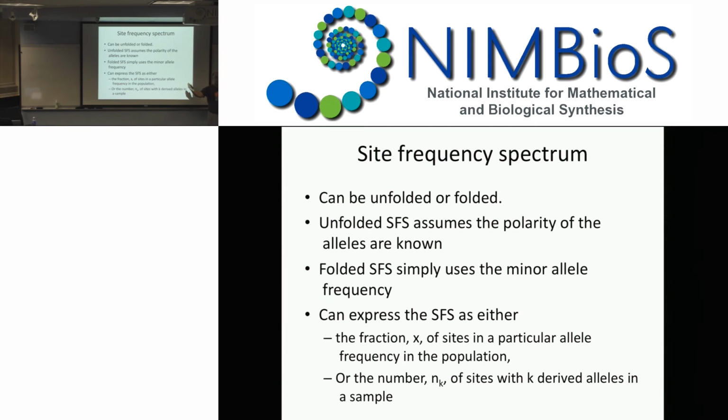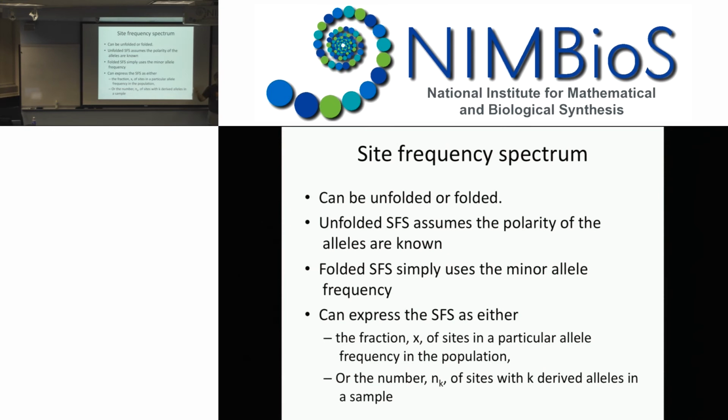The folded frequency spectrum is what? You fold it about a half. And you simply ask, in how many situations is the minor allele present as 1 copy, 2 copies, 3 copies? Since it's the minor allele, it can never be more frequent than half the population. So in the folded frequency spectrum, I take that frequency spectrum and fold the values from a half to 1 back over on itself and double count.